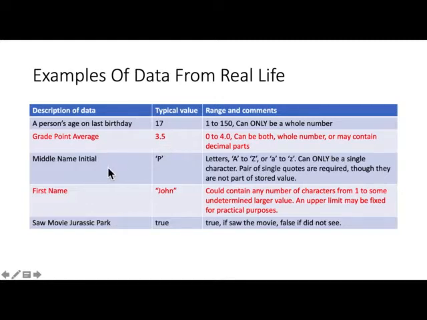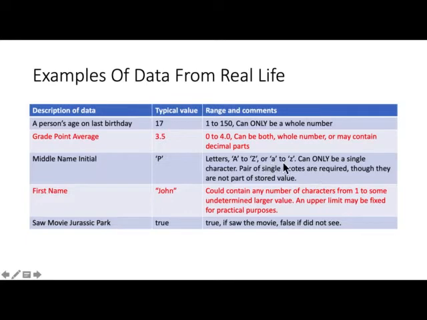If I'm only taking the middle name initial of someone, like quote P quote closed, that's a character data type. And their range is uppercase letters A to Z, lowercase a to z, and they can only be a single character.